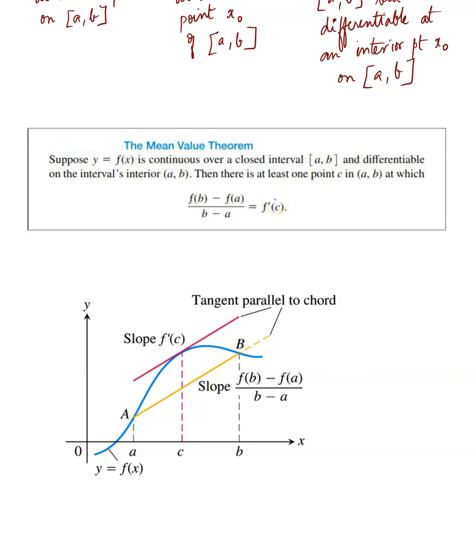In other words, the shortcut for the mean value theorem is MVT. Remember, EVT was extreme value theorem. This is mean value theorem.